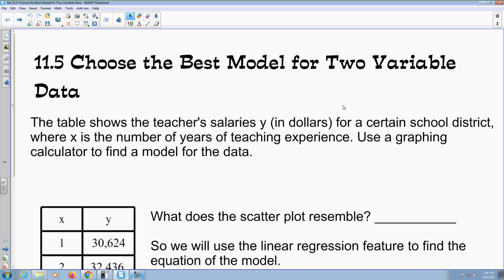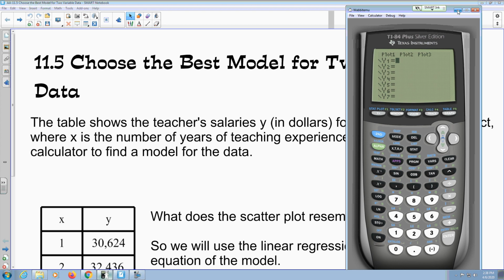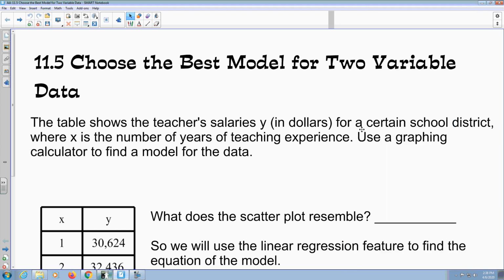In this particular lesson, I'm just going to show you how to use a TI-84 graphing calculator like this one. We have the Aspires in class, and I'm happy to show you those when we use them, but for right now we'll use the TI-84s. TI-83s would work as well.